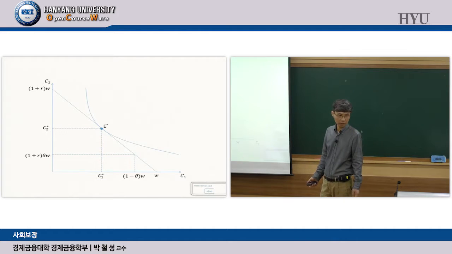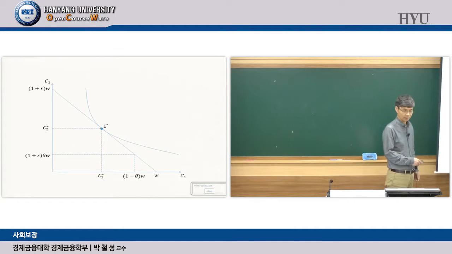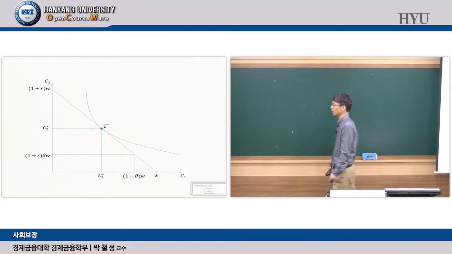So if that's the case, the individual simply saves less, okay? And then that decrease of saving is exactly equal to the amount of required pension contribution. So this is just a one-to-one substitution between pension and private savings.